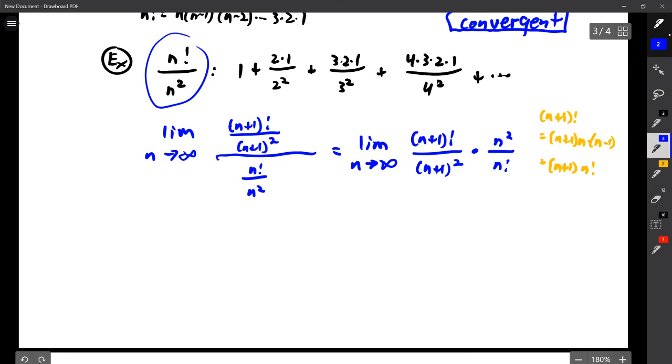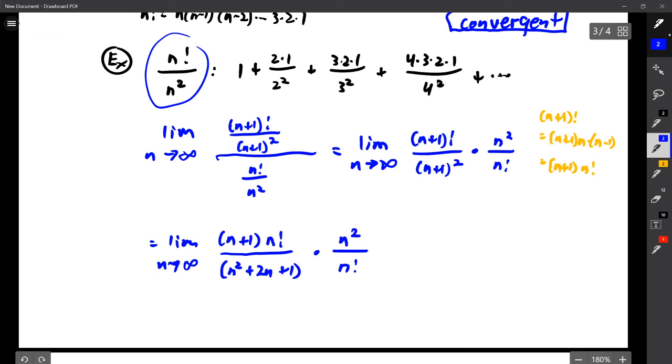Okay, so then I can rewrite this as the limit as n approaches infinity of, and I just identified my n plus 1 factorial, I can say is n plus 1 times n factorial, over n plus 1 squared, which is n squared plus 2n plus 1, times n squared over n factorial.